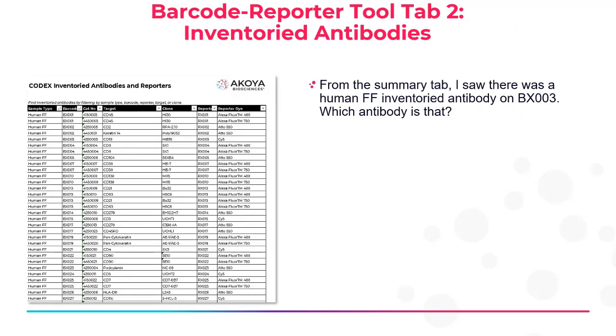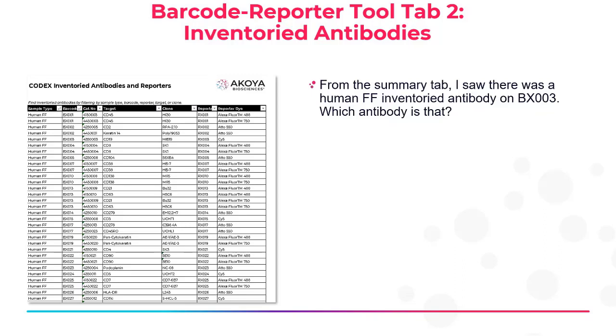The second tab in our antibody design tool has a list of all of the CODEX inventoried antibodies. Please note that all of the column headers are sortable, which makes it very easy to find the information you are looking for. Let's look at a couple of examples. So I noticed on the summary tab that there is a human fresh frozen antibody inventoried for BX003.